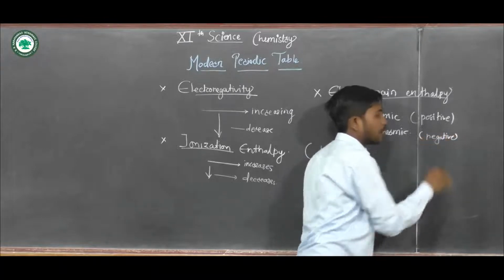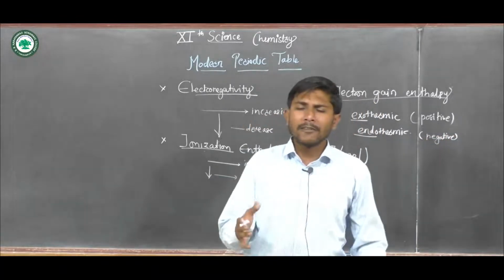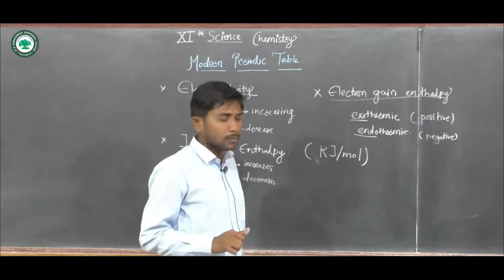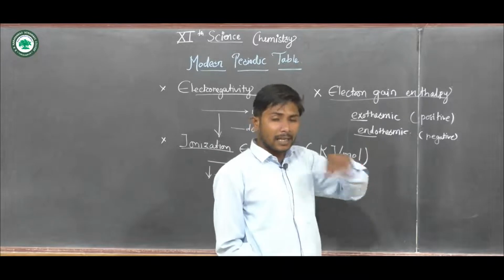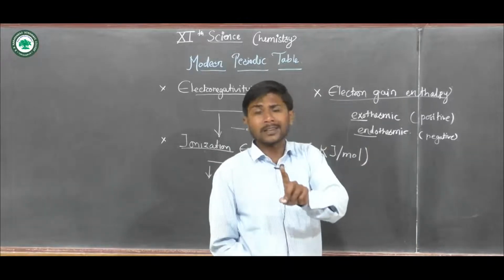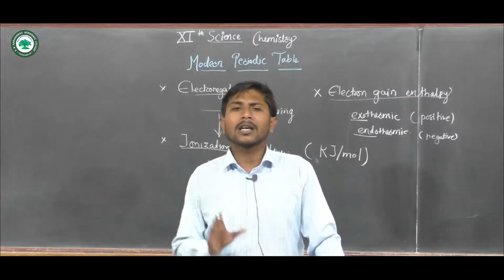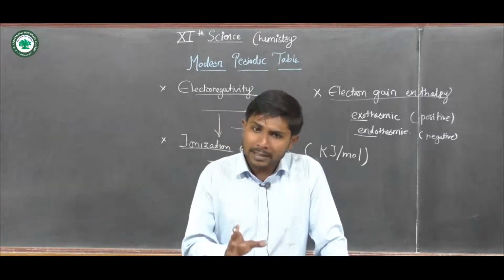The most common example is the elements of group 17, the halogens. If we add one electron, the addition of one electron stabilizes the halogen atoms. Why? Because there are 7 electrons present in their valence shell.